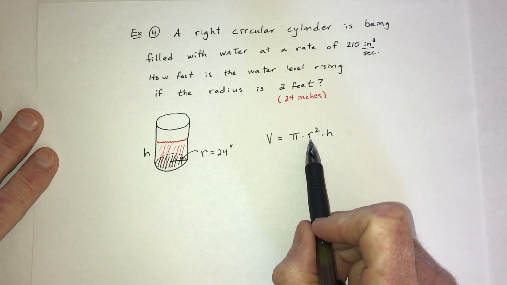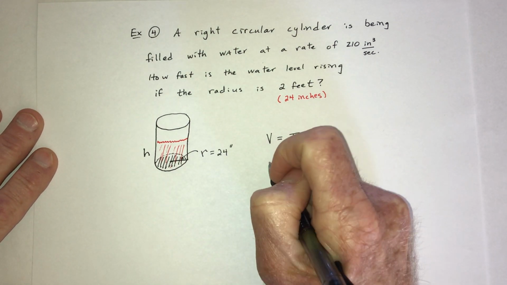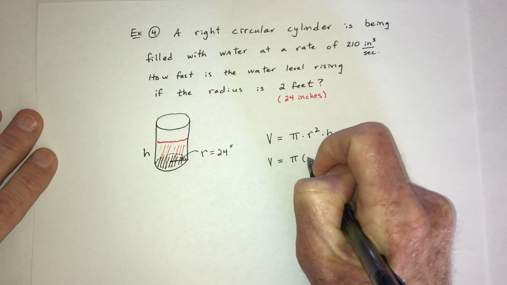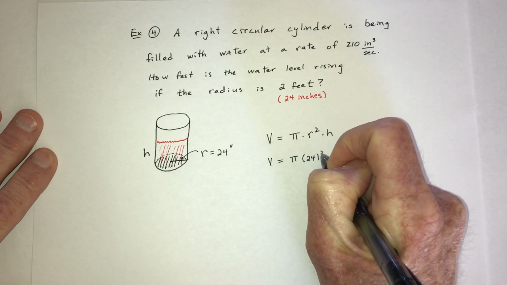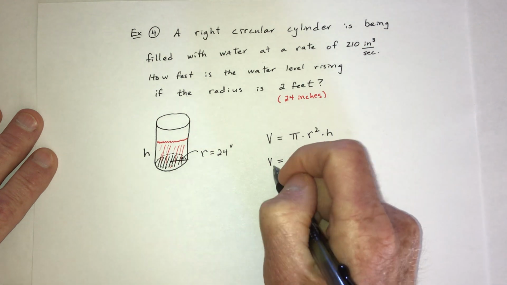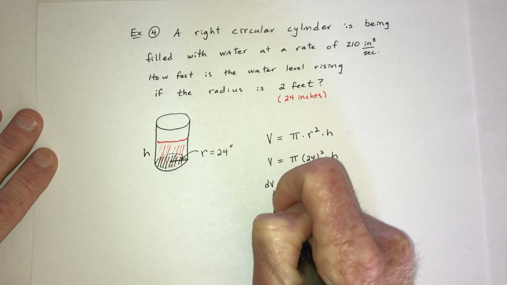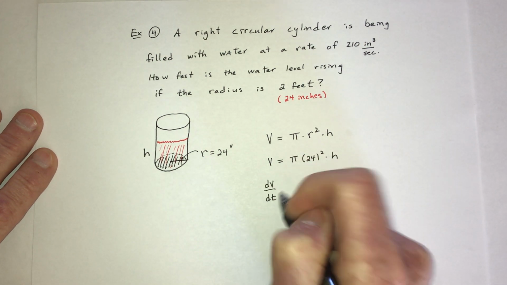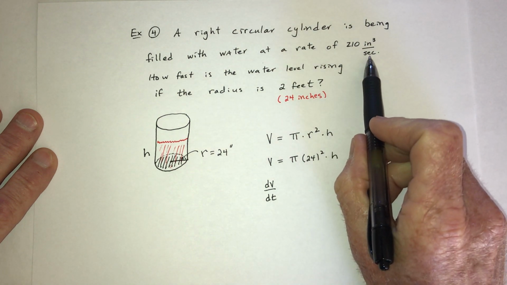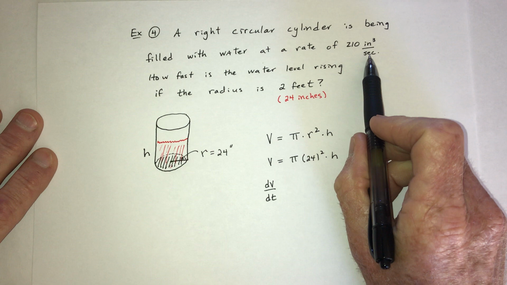Now, because the r is a number, we can go ahead and substitute that in. There we go. And now take the derivative. So on the left side, it's going to say the derivative of the volume with respect to time. Again, I know that this is supposed to be dt because down there at the bottom it says seconds, so that's time.